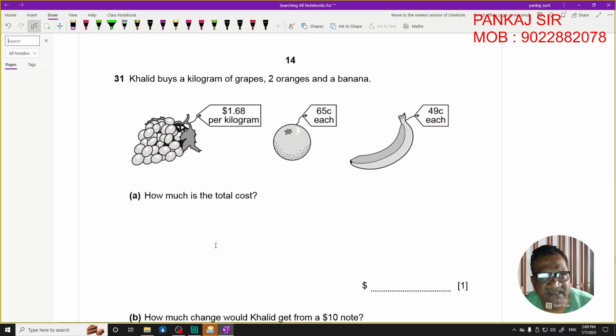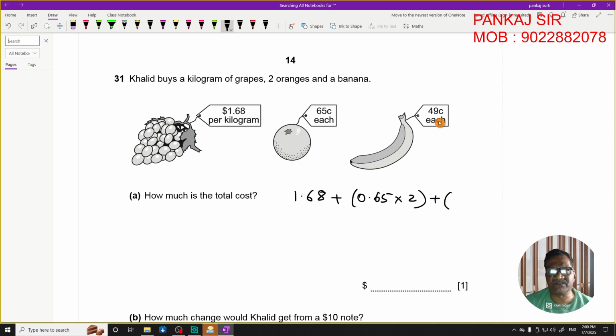Next question is Khalid buys a kilogram of grapes, 2 oranges and a banana, and these are the rates given. For grapes, the rate is $1.68 for 1 kilogram, and he buys 1 kilogram. Oranges he buys 2, and the price is 65 cents. So 65 cents in dollars I can write as 0.65, and this times 2 because he's buying 2 oranges.